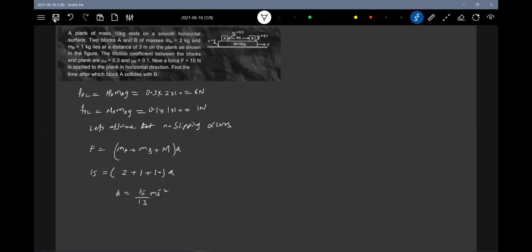Now we take the plank and bring this diagram into the picture. We have applied a force.